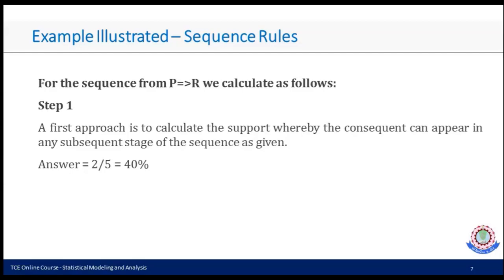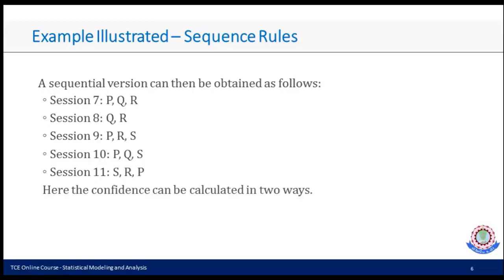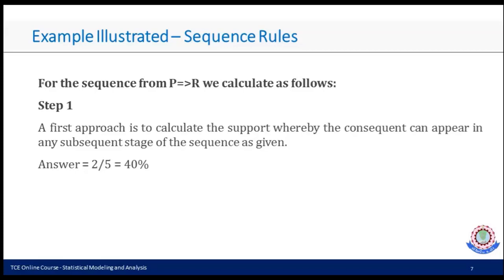So we have to identify how many possible cases lie for the sequence P followed by R. From these sessions, we can clearly observe that there are two sessions which have the sequence P to R: session 7, which has P with an intermediate page Q followed by R, and session 9, which has P directly followed by R. So the answer is 2 divided by 5, as there are 5 sessions in total.